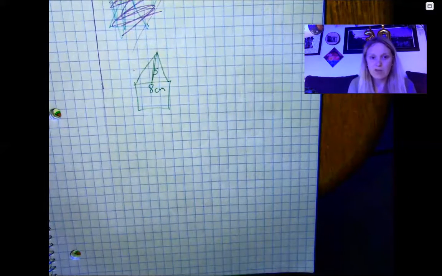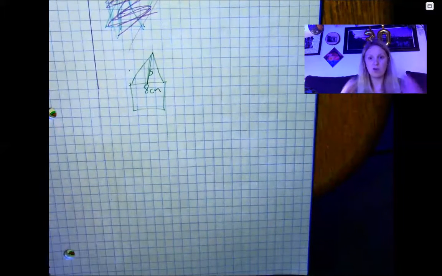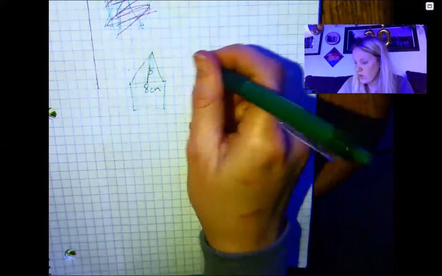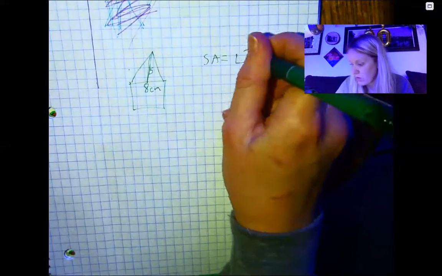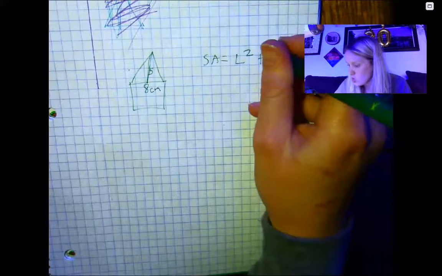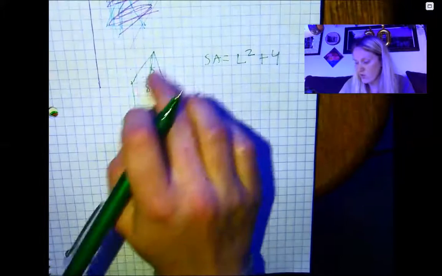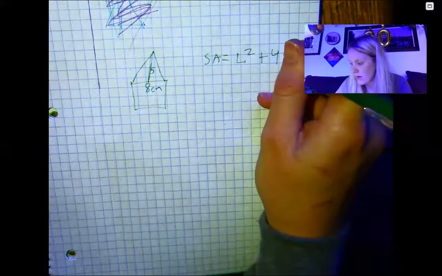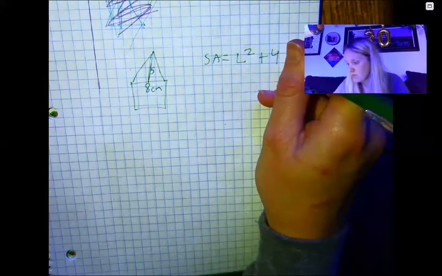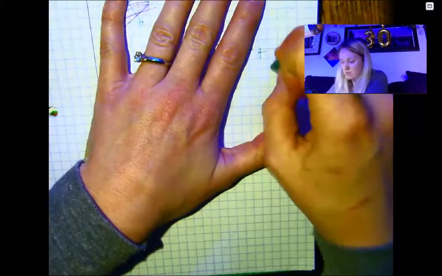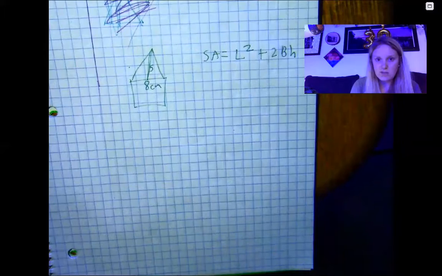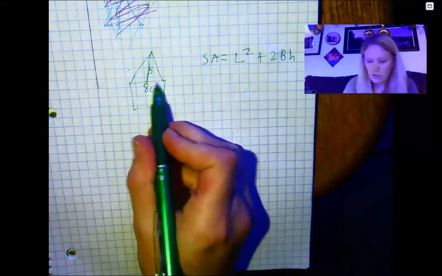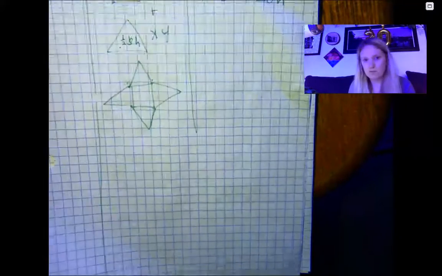To find the surface area, if we were covering a pyramid with paper, we learned that the surface area is the area of the square, so length squared, plus you have 4 of the same triangle, and triangles are 1/2 times base times height. So 4 times that gives you 2 times base times the little h. You can look back at your notes, that's what we have here.